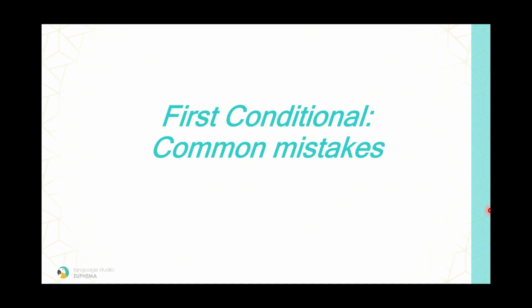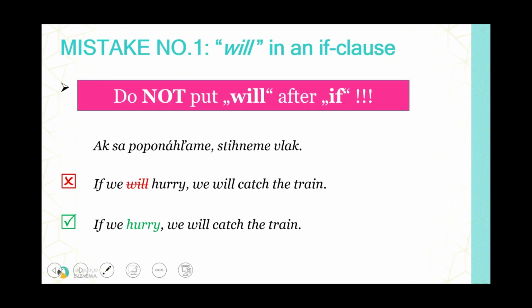Now, what are the most common mistakes we make when we're trying to form a first conditional sentence? Mistake number one, will in an if clause. Now, what did we learn about the structure of the first conditional? That we have to use if and present simple in the if clause and will plus infinitive in the main clause. So remember this, do not put will after if.